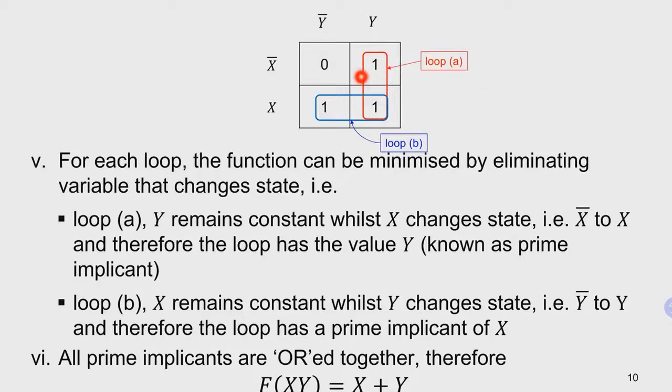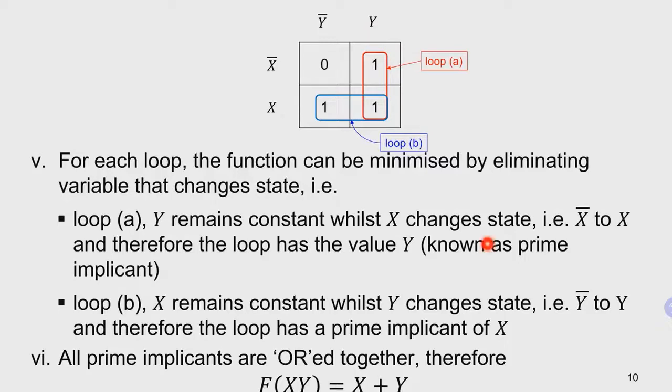If you look at the vertical loop, our loop A, it just goes from x bar to x, while y doesn't change. So y remained the same, but x changes from x bar to x.